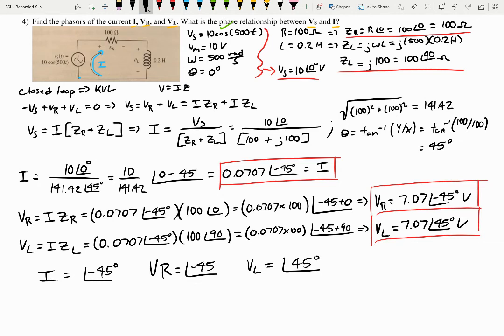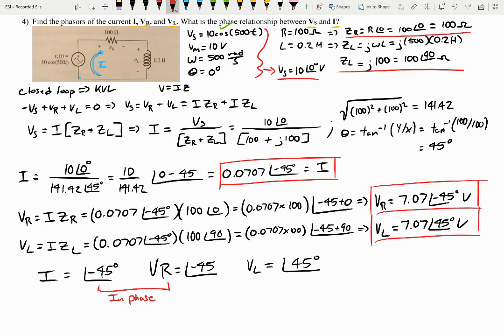Okay. This is a key note. I'm going to write this in red for you. So let's take a look at the concept that we say that the voltage and the current for a resistor are in phase.